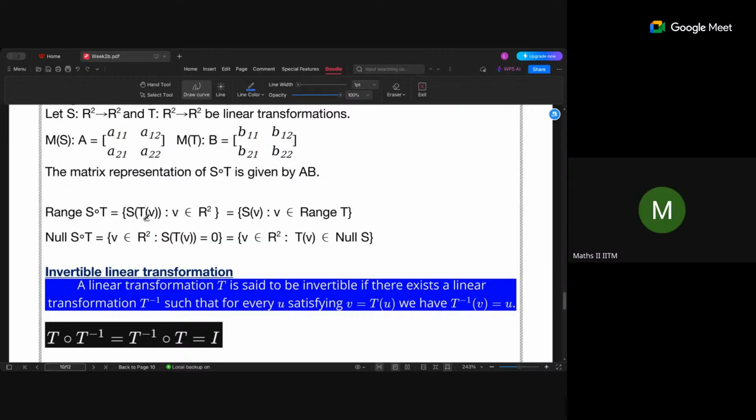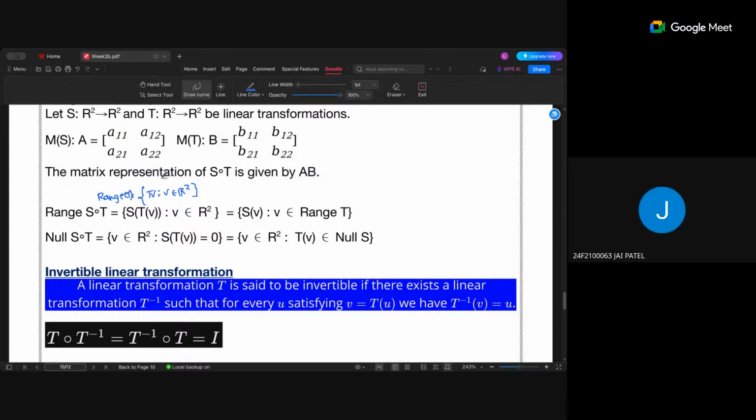Now remember, what is the set of all T of V such that V is in R2? What is this set? Can you remember? This is the definition of the range of T, right?